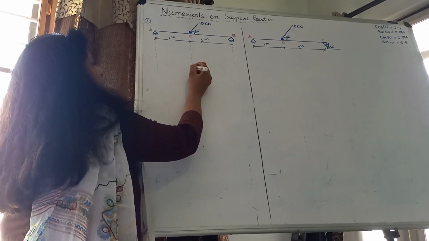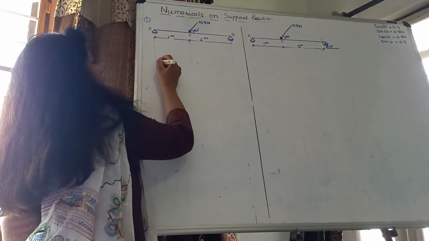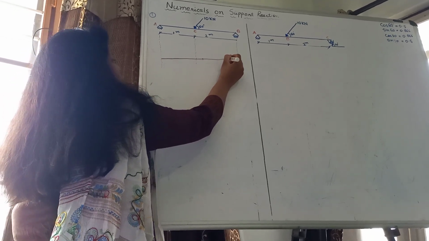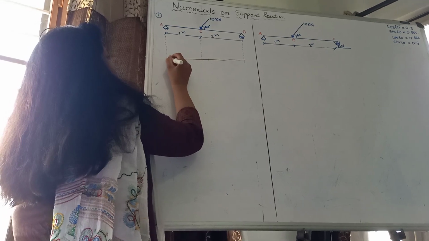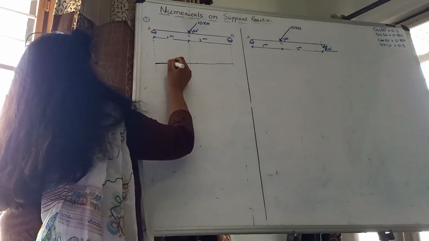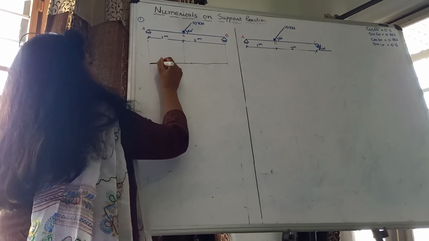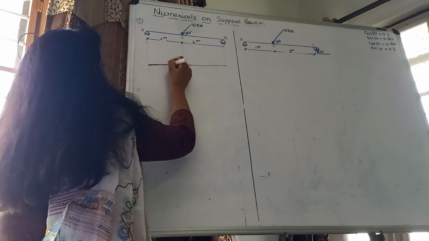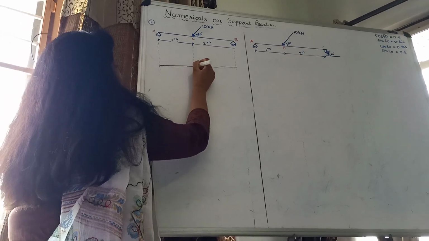After that we have to draw a horizontal line. Now this horizontal line represents a beam.